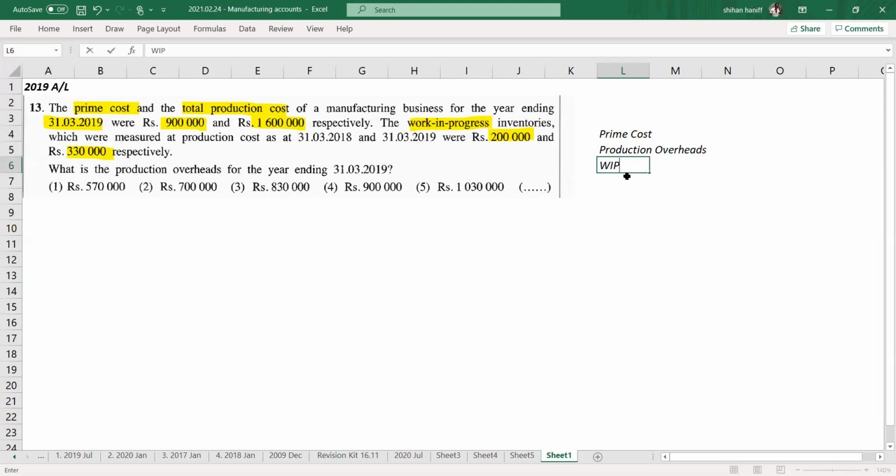Then we do the adjustments for work in progress. Opening work in progress minus closing work in progress. Answer is total production cost.